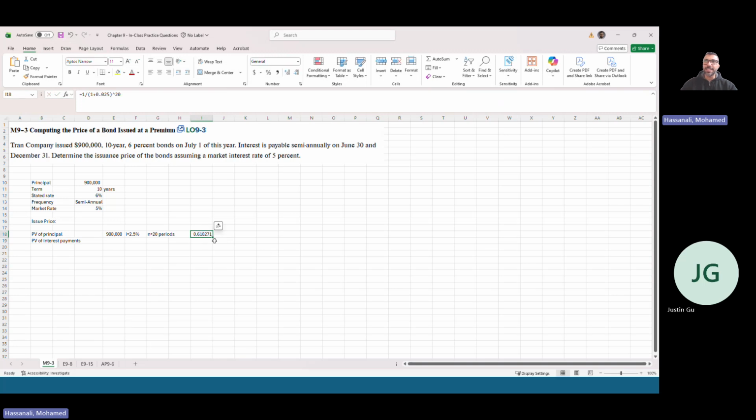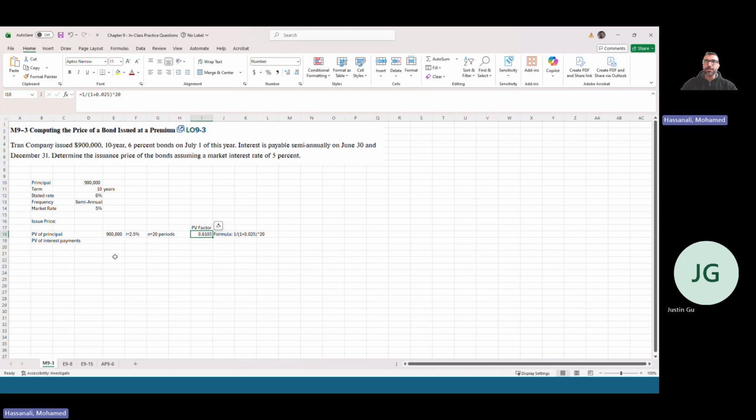And that should give us a factor, and we always go 4 decimal places. So it should give us a PV factor of 0.6103. Okay. So this is an example where you get to use the formula, and I'll put the formula out separately so you have it for reference.